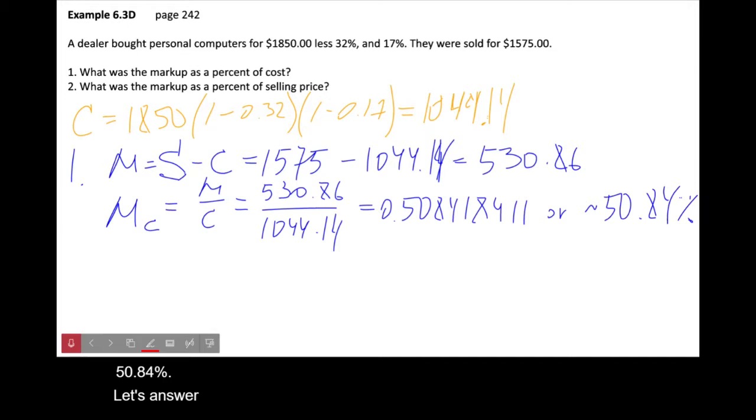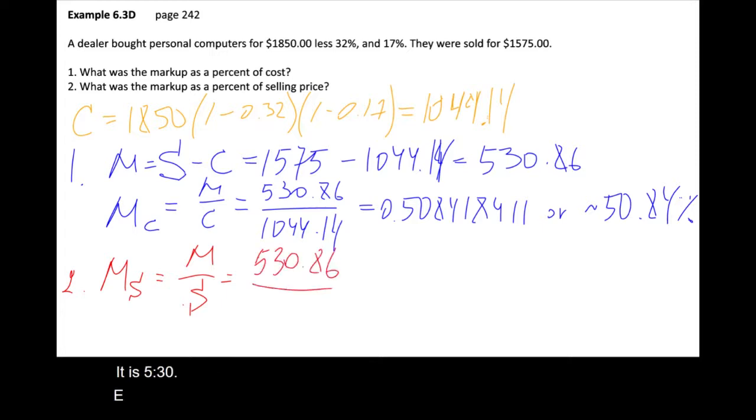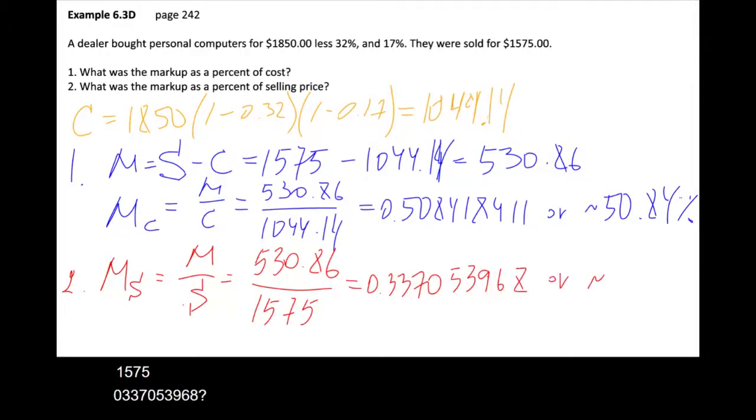Let's answer the second question. Markup as a percent of selling price is M over S, and it is 530.86 divided by 1575. That is 0.337053968, or approximately 33.71%.